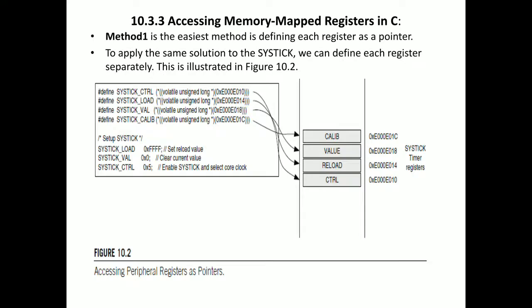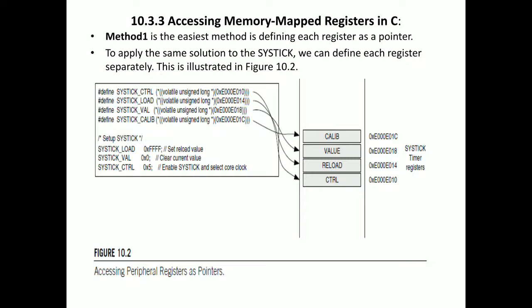Method 1 is to define each register as a pointer. What we are seeing is how to map the memory registers in C and how to access them. We have mapped the memory, right? We need to access this memory map, and for that we can use either C language or assembly language.